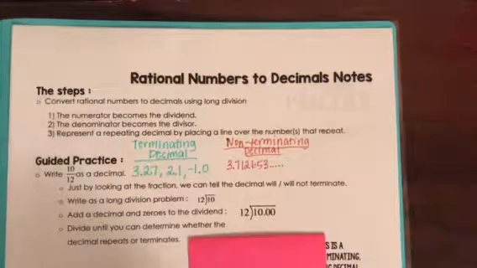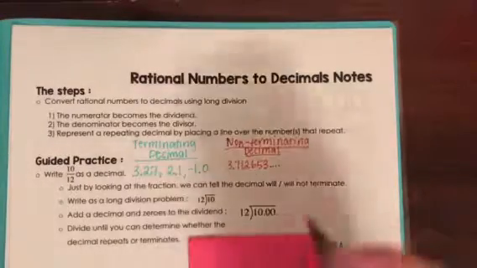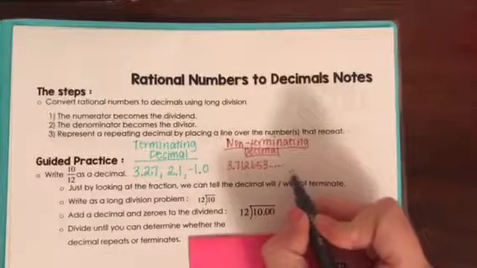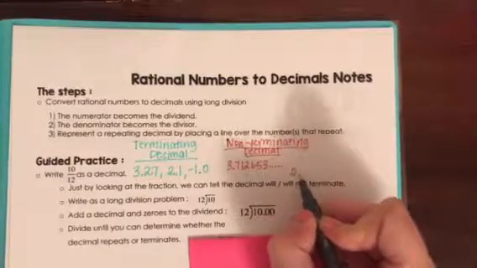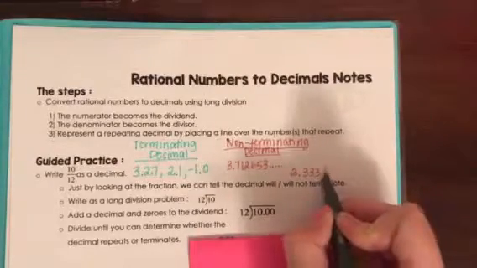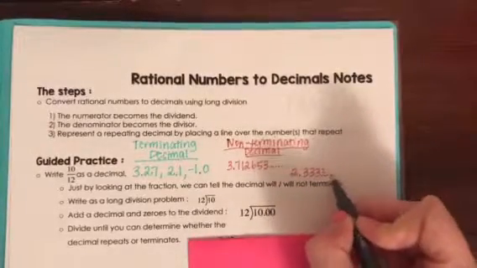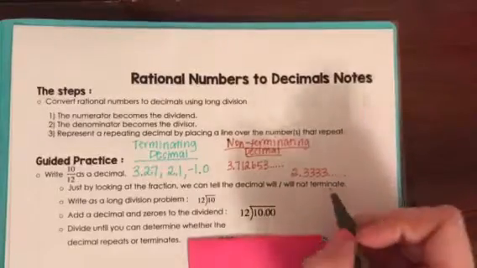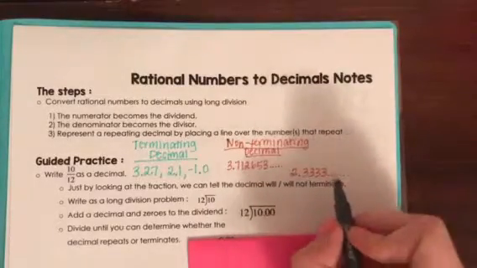Another specific type of non-terminating decimals is called a repeating decimal. So that would be like if we had 2.3333 and it just kept going with those threes. That 3 right there repeats.